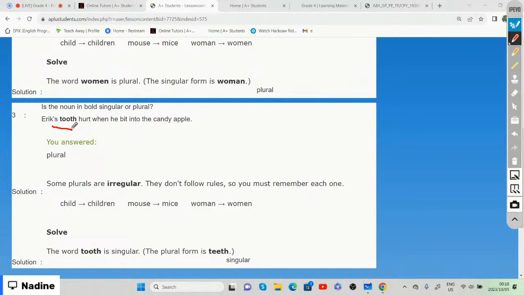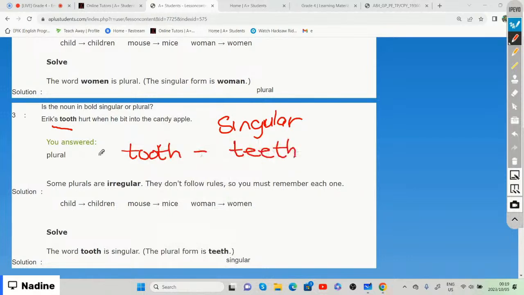So tooth is basically referring to one tooth, so one tooth being singular. More than one, so two or more, is teeth. So one tooth, and you get two teeth.